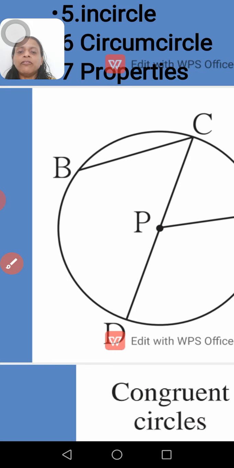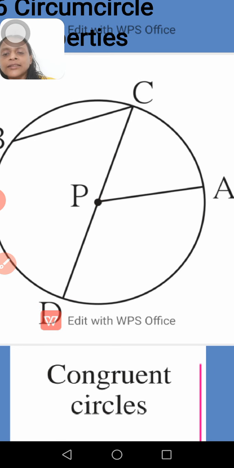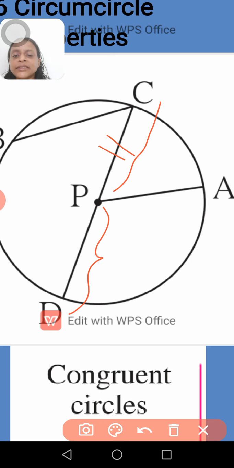One more thing we can observe here: consider the line segment PC. It is a radius, because the center and a point on the circle are joined. In the same way PD, the center is joined with another point D, so this also is a radius.